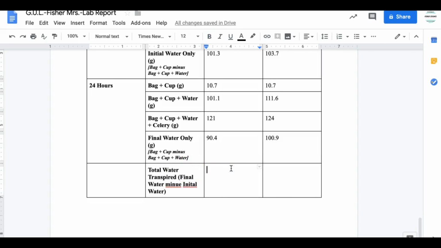So for the warm location, it was a negative 10.9 grams and negative 2.8. So we can see that 10.9 grams is much greater than 2.8. So we can see that it evaporated quicker or transpired quicker in the warm location than it did in the cool location. And you'll need to understand that for your conclusion, which will be the next video.